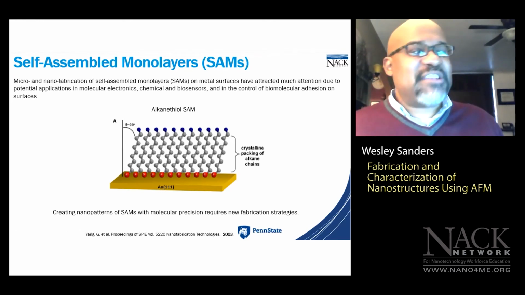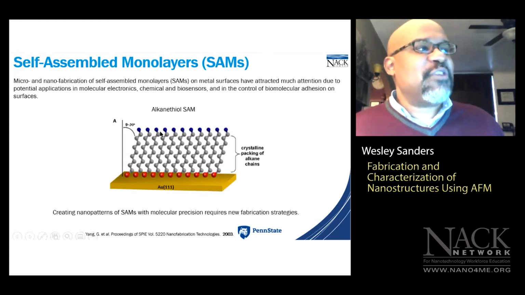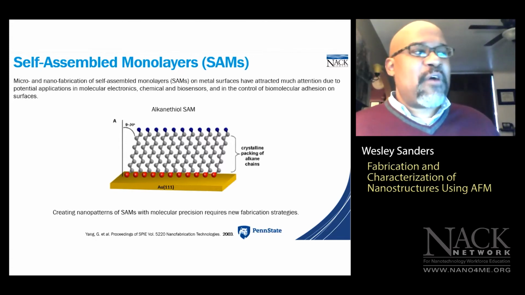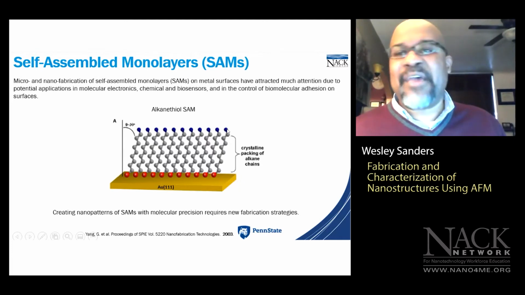If you want to take advantage of electrostatic attraction, positive and negative charges, you can use a functional group whose charge you can change by using a different solution pH. Or if you want to take advantage of short-range van der Waals attractions, then you can use a self-assembled monolayer with a neutral head group, such as a methyl group.